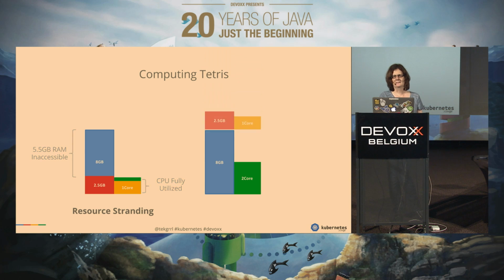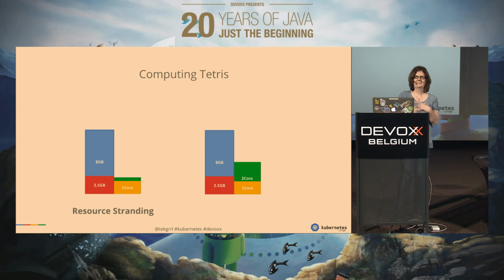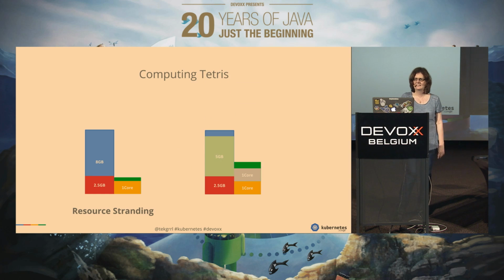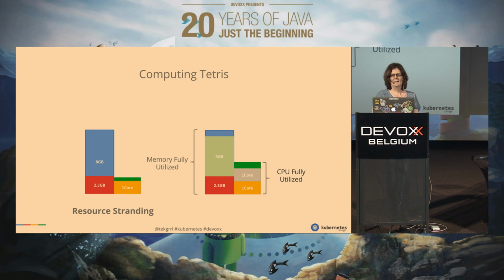What we could do is take a different machine, and we have a scheduler that's sensible about this. It can say, I'm going to schedule it on this machine, which has 2 cores and 8 gigs of RAM. And now we have resources, both CPU and memory, available, and we can therefore run a different job on it. So now we have all of our CPU fully utilized, and most of our memory fully utilized, and that's efficient bin packing. That's one of the principles we use internally at Google.